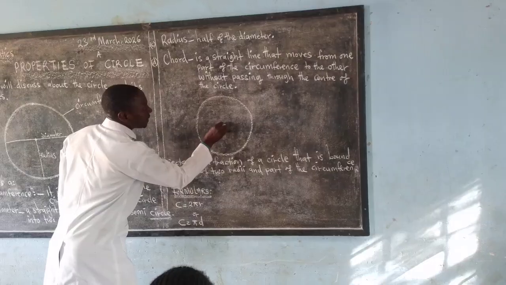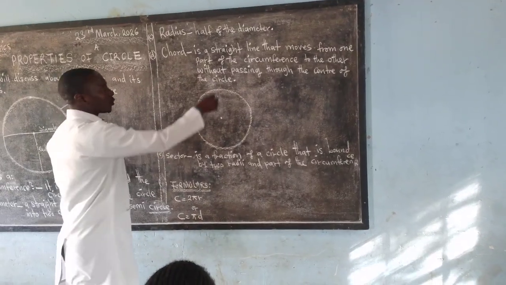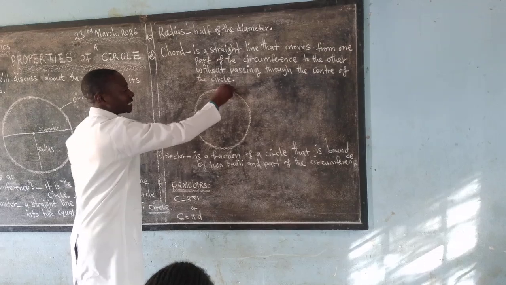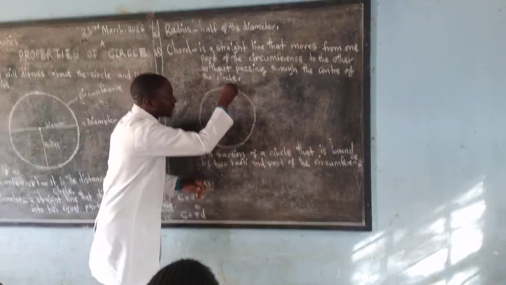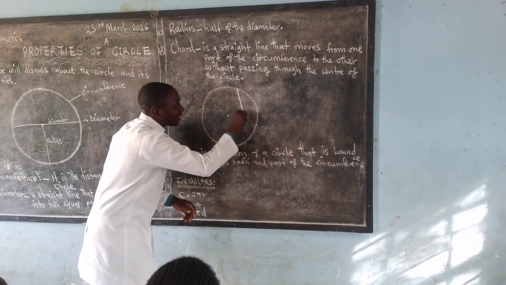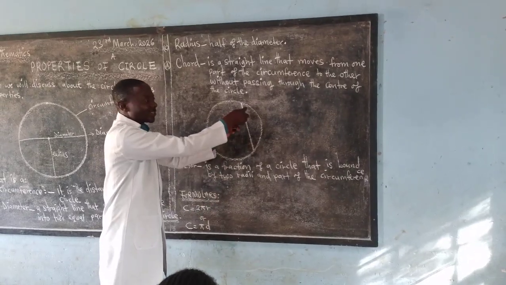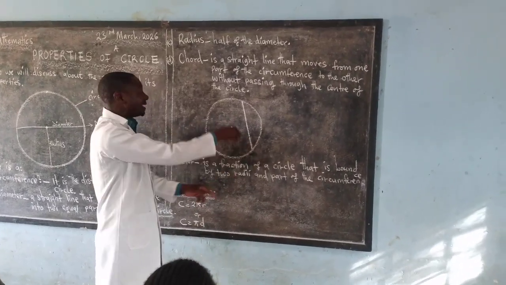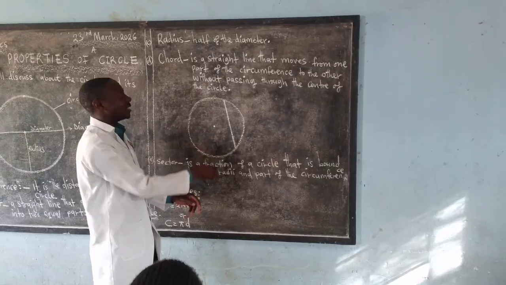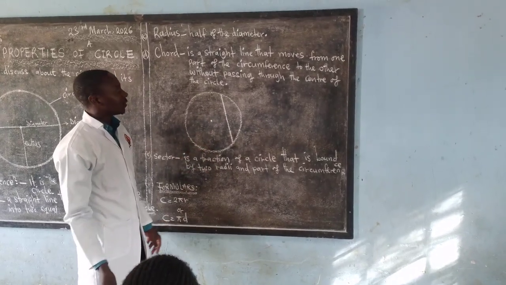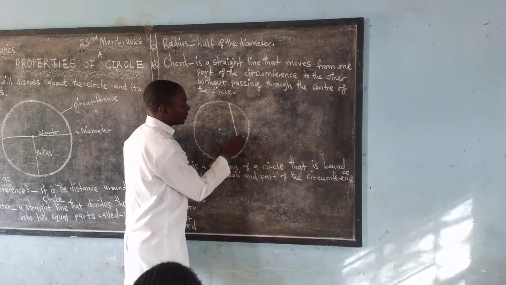The center must be here. Any line that does not cut here is a chord. But immediately it passes through the center, it is no longer a chord. It will be a diameter. Let's hope you understand the topic. This is a chord.